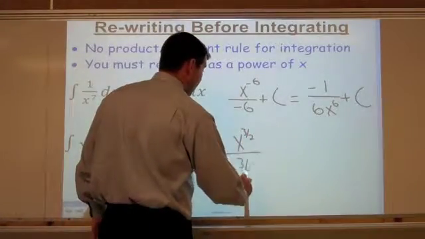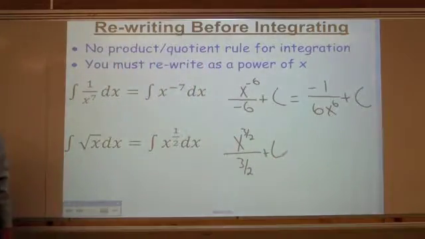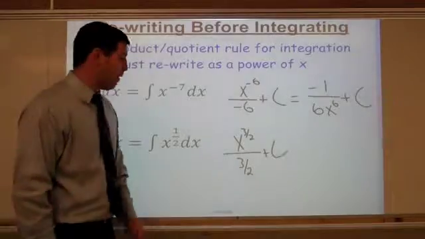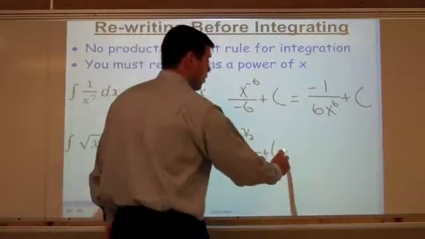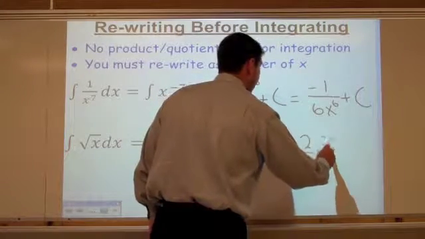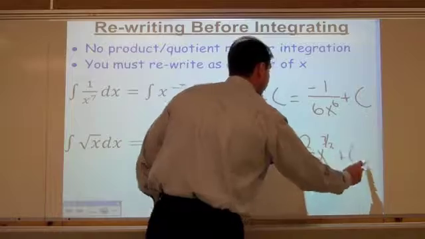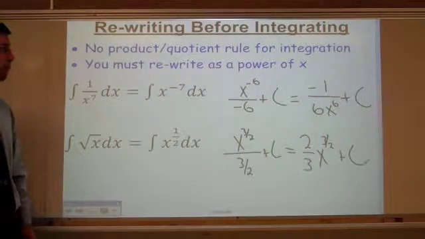Divide by 3/2. Add your constant at the end. Obviously, we're going to clean this up a little bit. Dividing by 3/2 is the same as multiplying by its reciprocal. So this equals 2/3 x to the 3/2 plus c, plus any constant we want to throw there.